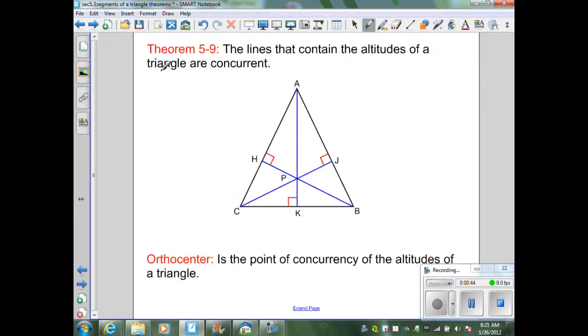Theorem 5.9 states, the lines that contain the altitudes of a triangle are concurrent. In this diagram, again, we have triangle ABC. I have three altitudes. The altitudes coming from points A, B, and C intersect at point P, and that point of concurrency is called the orthocenter. That's the point of concurrency for the altitudes of a triangle.